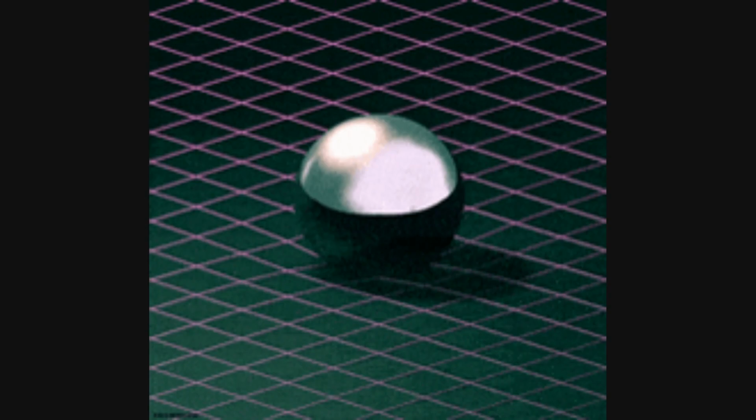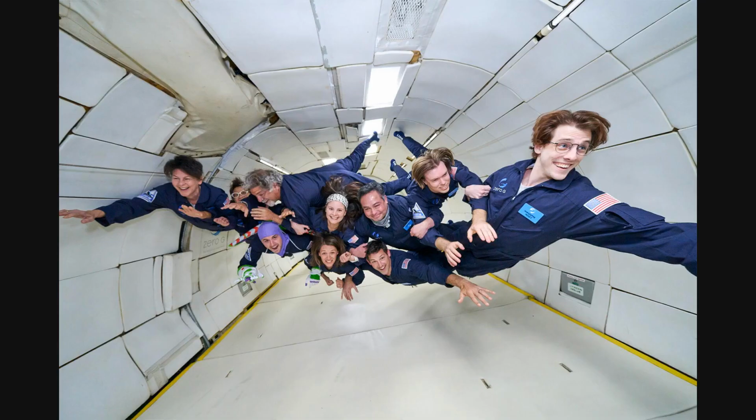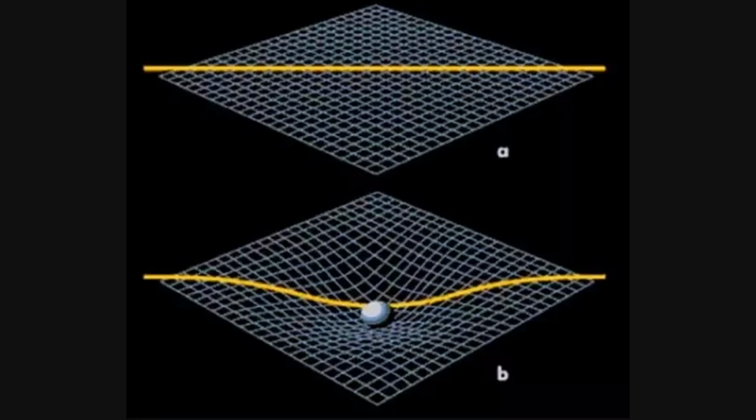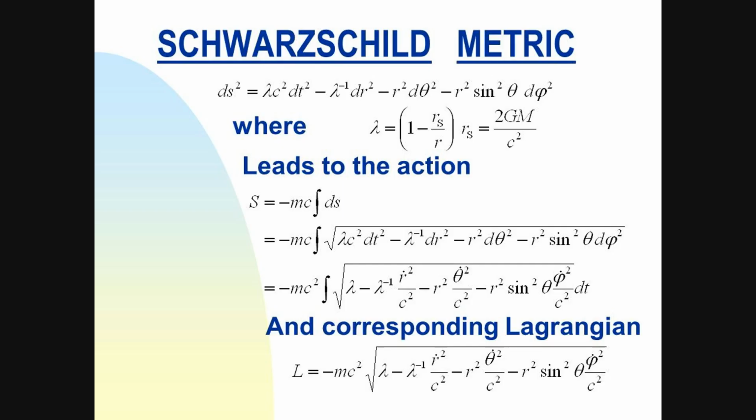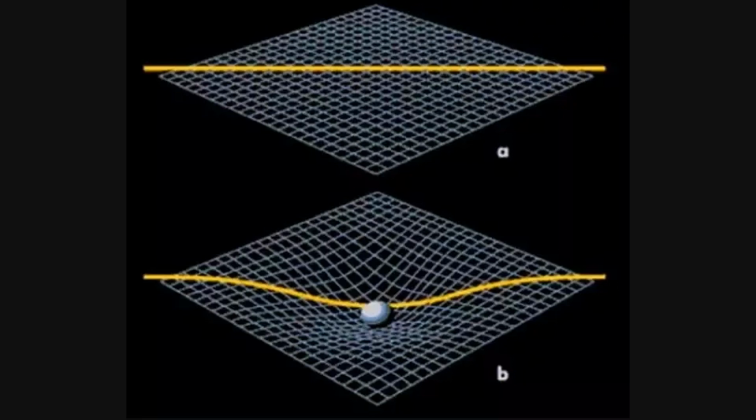The Minkowski metric is the space-time in empty space where no gravity exists. Everything moves in straight lines on flat surfaces. But when there is gravity, this is known as the Schwarzschild metric. Therefore, to find an object in space, we know which metric to use and how to find them.